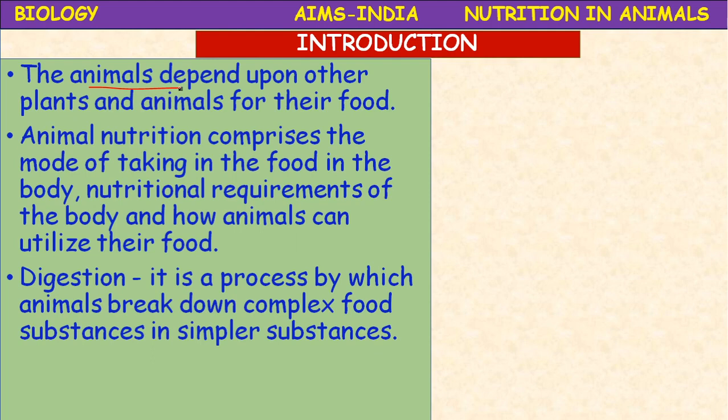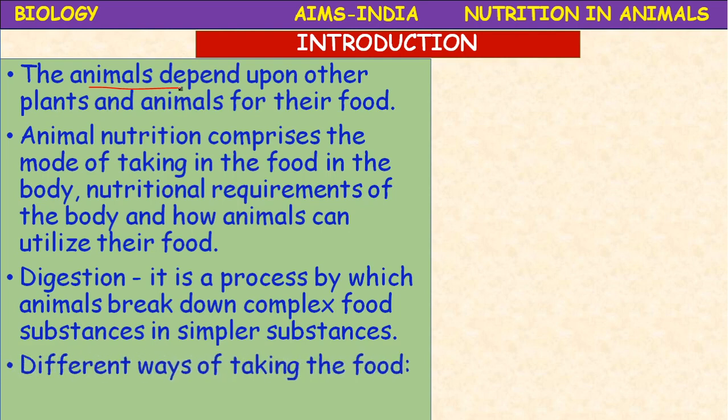The process of procurement of nutrients is called nutrition. Digestion is the process by which animals break down those nutrients. There are different ways of taking in food by animals.